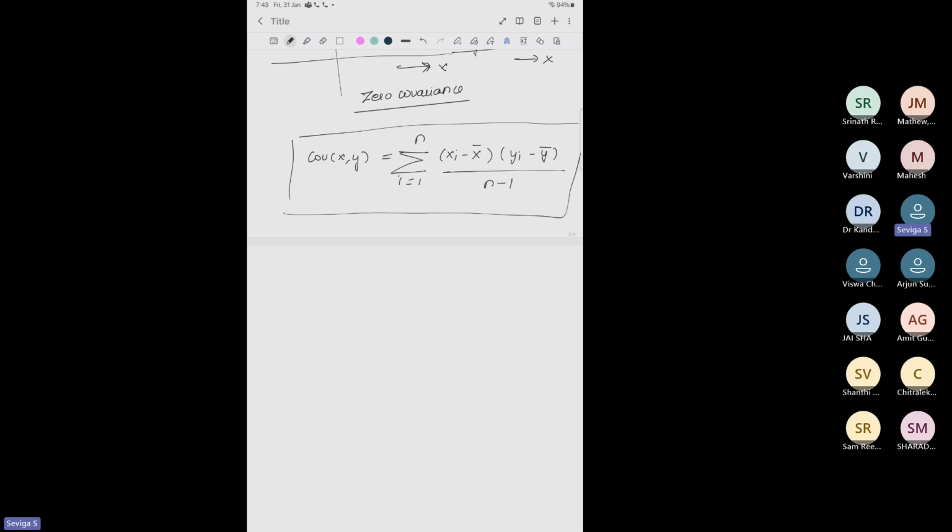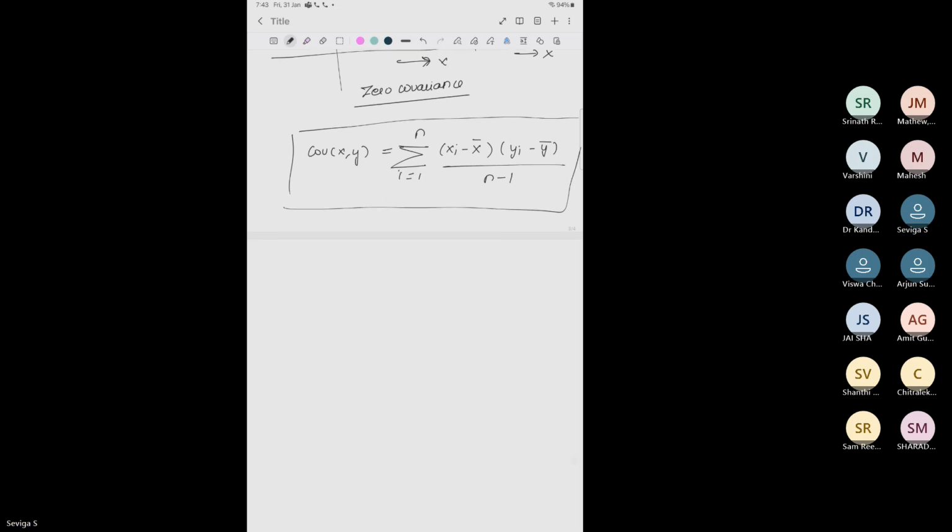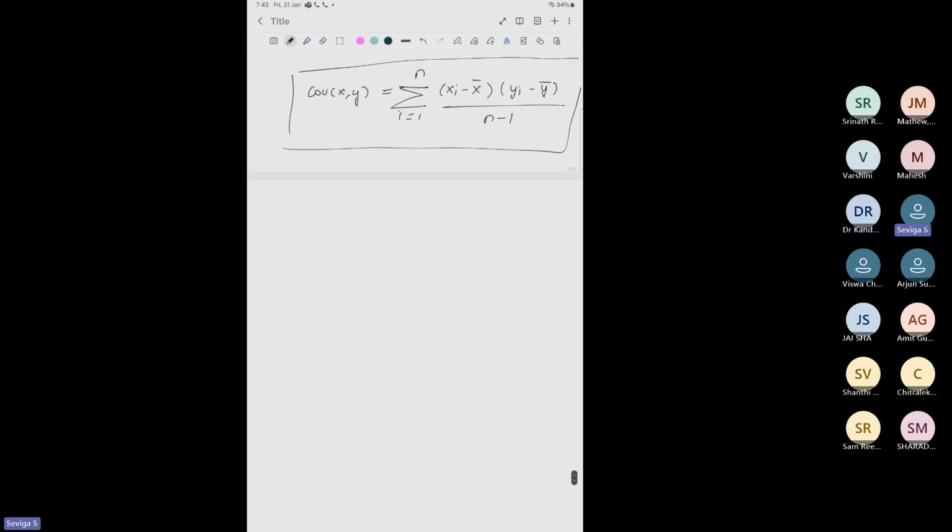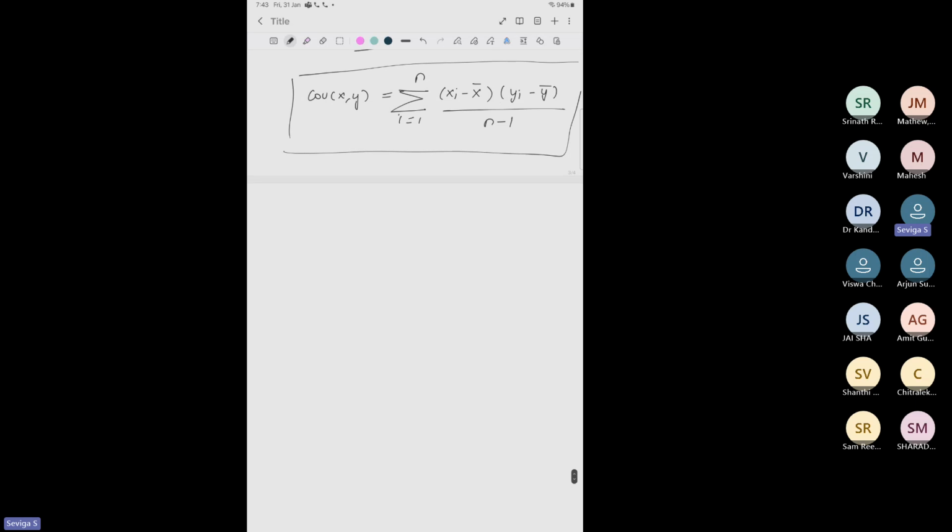It indicates whether an increase in one variable corresponds to an increase or decrease in another variable. But one thing to note is that covariance provides only the direction of the relationship. It says whether it is positive or negative, but it does not indicate the strength or magnitude of it, how much it is covarying. It's only the direction of the relationship that is given by the covariance.